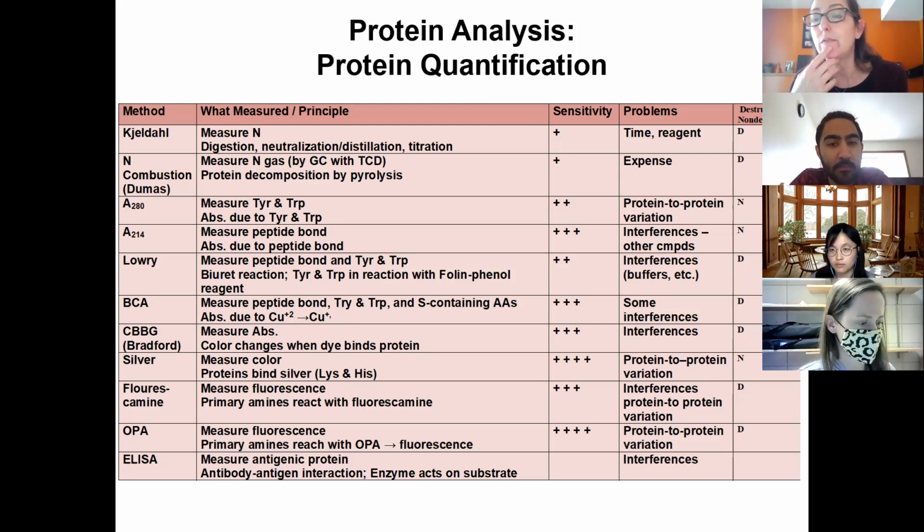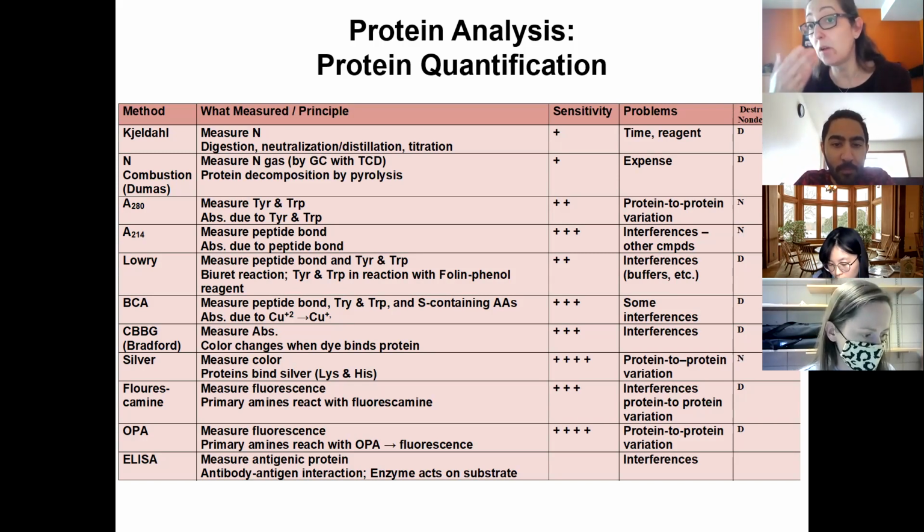So if you have a protein solution that you think might have other phenolic compounds that might absorb light, because the ones that absorb at 280 are the phenolic amino acids, any other phenolics in there that can absorb at UV might interfere and you might get overestimation. Does that answer your question?